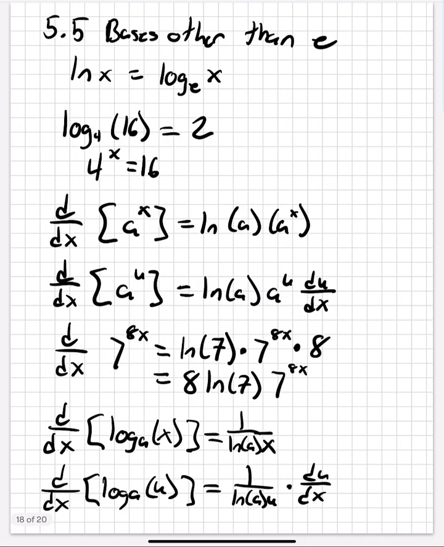Let's say that we have y equal to the log base 4 of x squared minus 5x. Referencing my rule, I have 1 over the natural log of a times u times the derivative of the u portion, so the chain rule again.